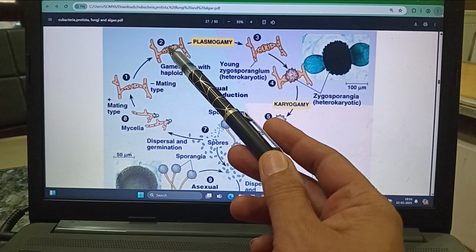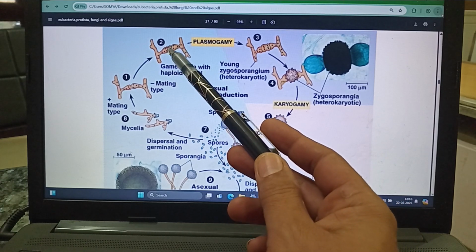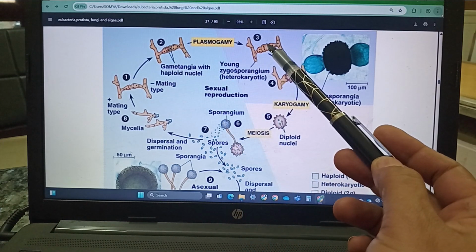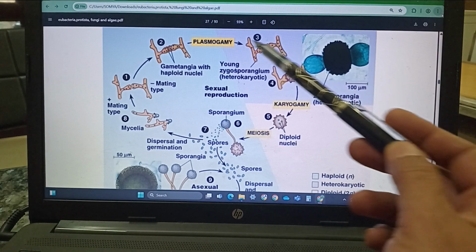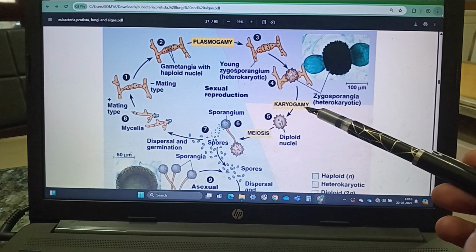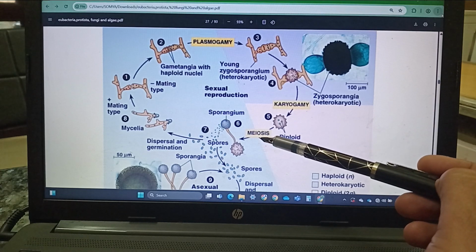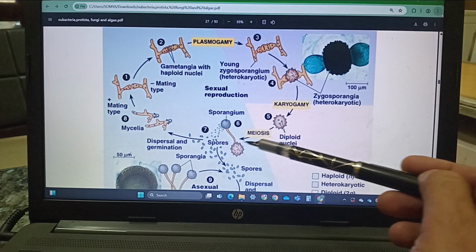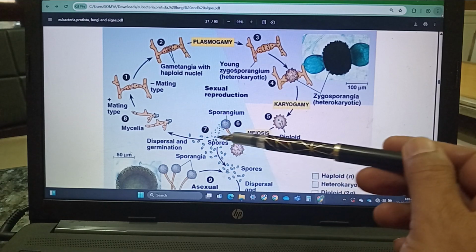In gametangial contact there is loss of the intermediate cell wall leading to the formation of the dikaryotic stage, then karyogamy, then meiosis, then leading to various spores.